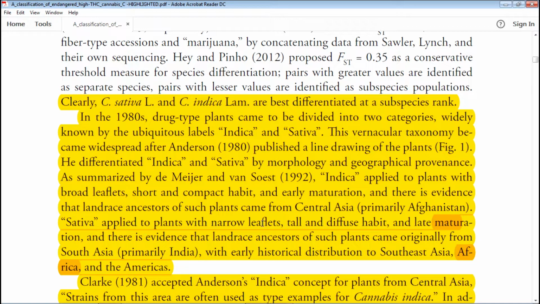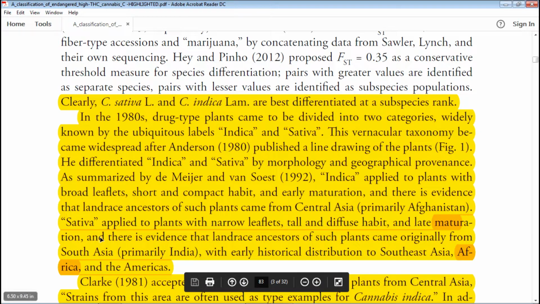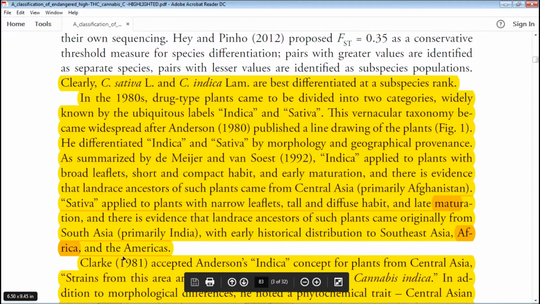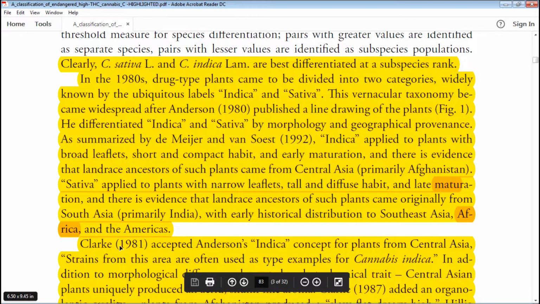Sativa applied to plants with narrow leaflets, tall and diffuse habit, and late maturation, and there is evidence that landrace ancestors of such plants came originally from South Asia, primarily India, with early historical distribution to Southeast Asia, Africa, and the Americas.